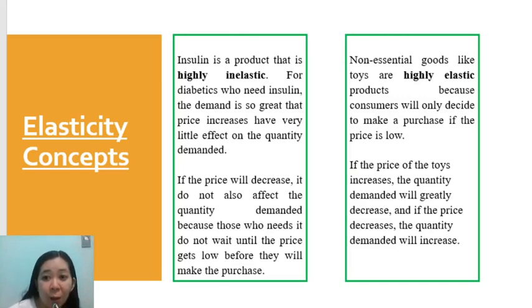Because consumers will only decide to make a purchase if the price is low, or they will look for another substitute of that product which has a lower price. If the price of the toys increases, of course, the quantity demanded will decrease. If the price decreases, the quantity demanded will increase.